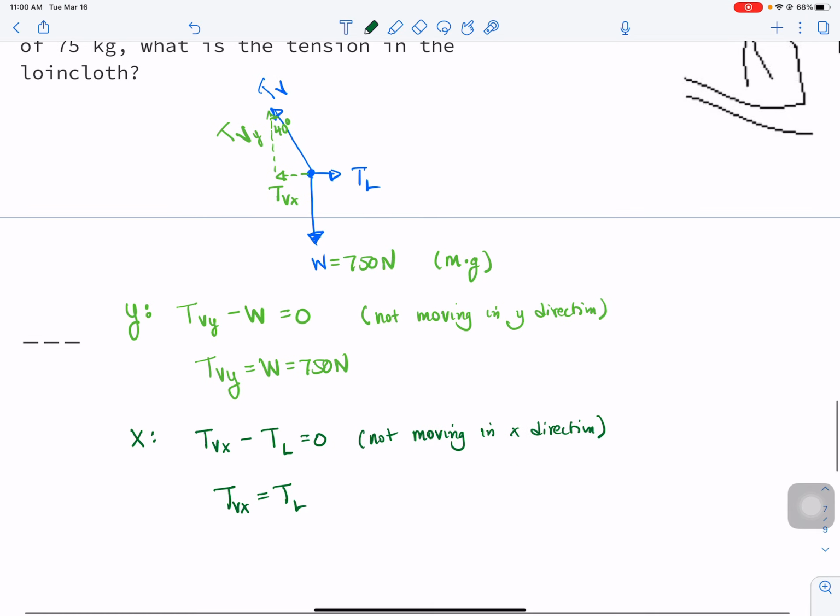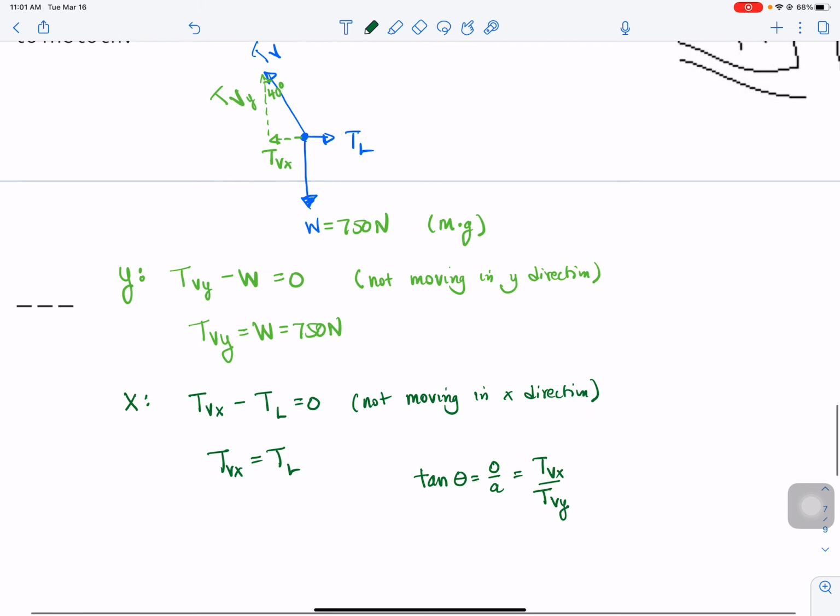And I can use trigonometry. I know that the tangent of theta is equal to opposite over adjacent. And so that's going to be TVX over TVY. So that tells me TVY times the tangent of theta is equal to TVX, and that's going to be equal to TL.